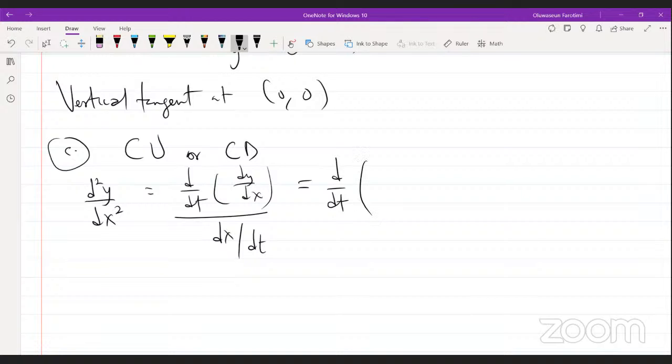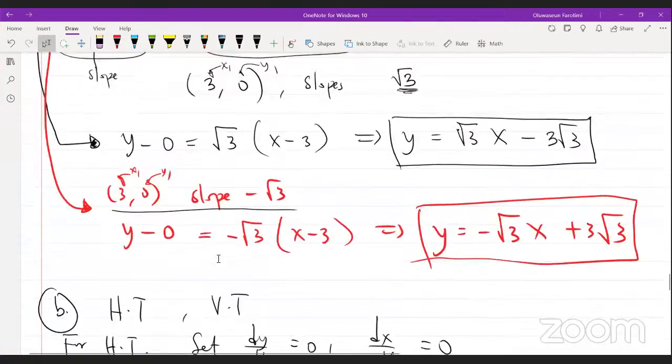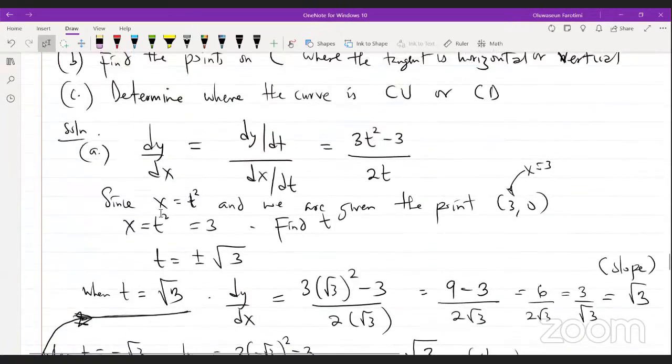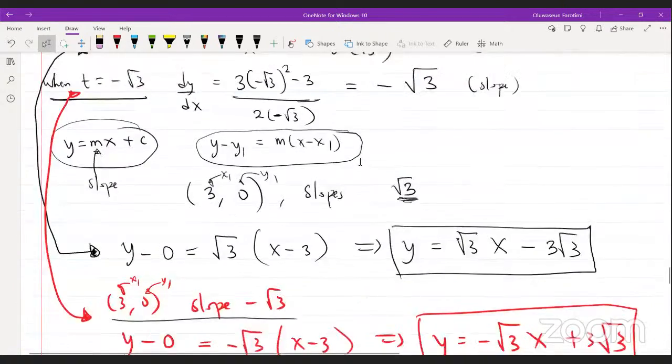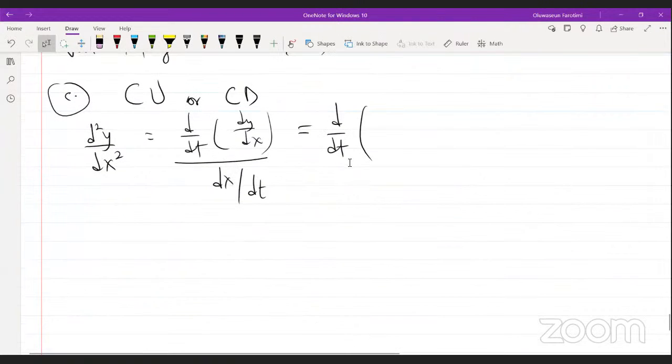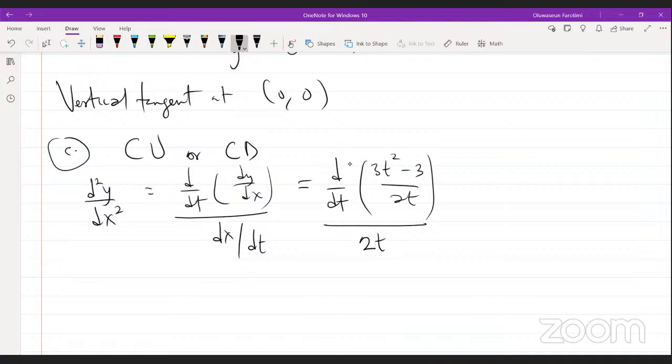Let's just back up a little bit, guys. Sorry, I have to scroll on your face. What was dy/dx? That was 3t squared minus 3 divided by 2t. And what was dx/dt? Just 2t.